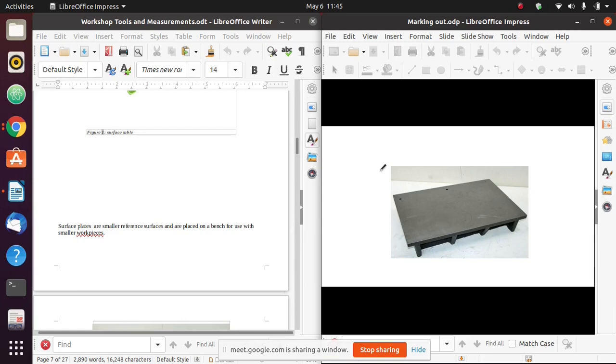Now, how do I use this table? I have to apply a thin coat of oil. You apply a thin coat of oil, you spread it evenly on the surface. You clean your workpiece, place it on the plate or on that table, and you move that workpiece along the table. Since you have applied an oil with a red paste on the surface of this table, you'll find that if my workpiece is flat, then the whole of that face will be covered with that paint or that paste.